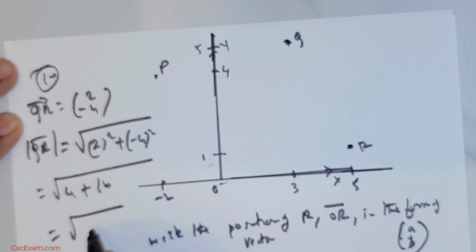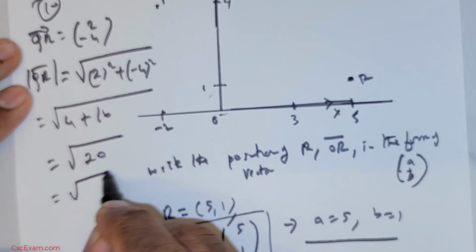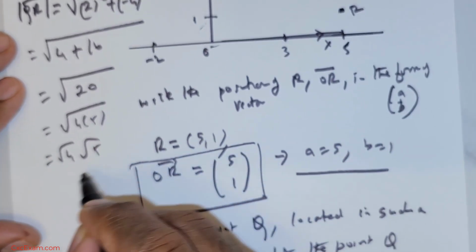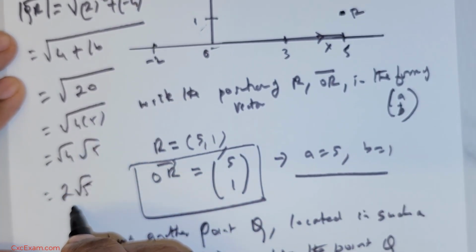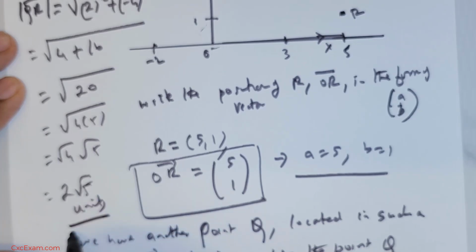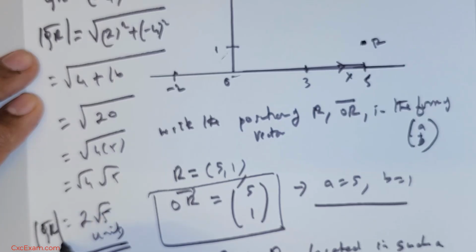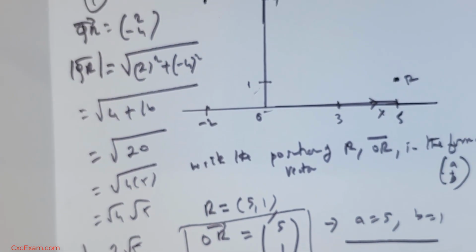So root of 4 added with 16 gives me 20. So root 20 is nothing but root of 4 times 5, which is nothing but root of 4 times root of 5, which is nothing but 2 root 5 units. You can just write it as units. So this is the magnitude of QR vector. Follow me. So that is the conclusion for this question.